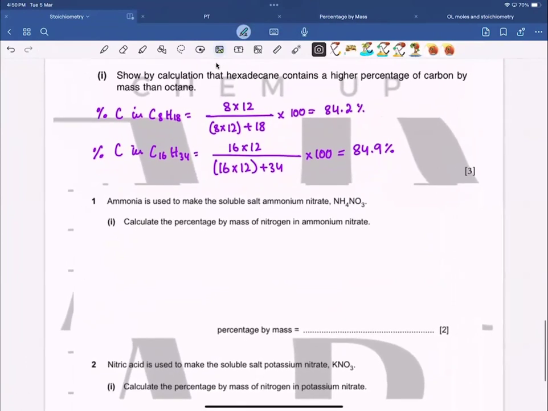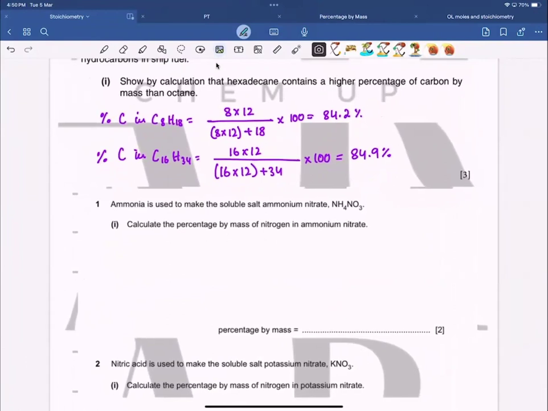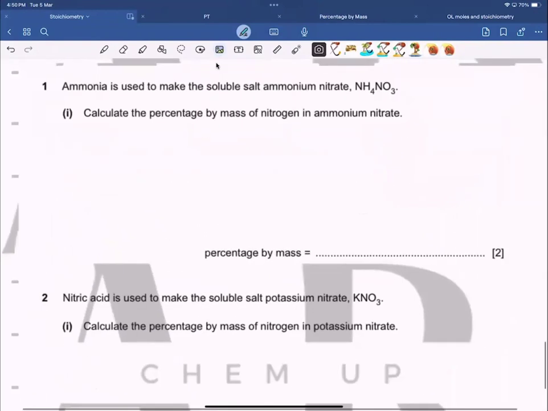Sir, what is written? NH4... Yes, NH4NO3. Okay, let me zoom in. Nitrogen has a 14. Potassium is 39. Sir, is the answer 17.5%? I'm not sure.